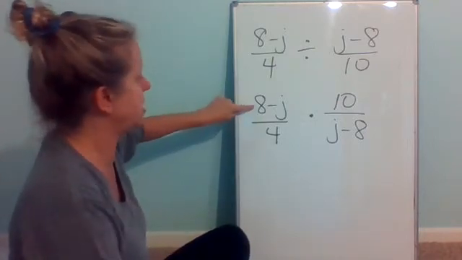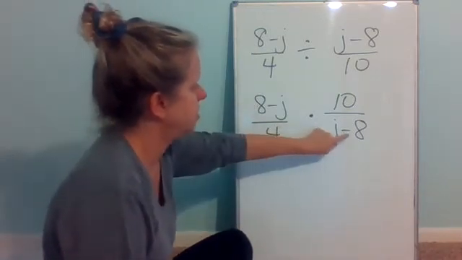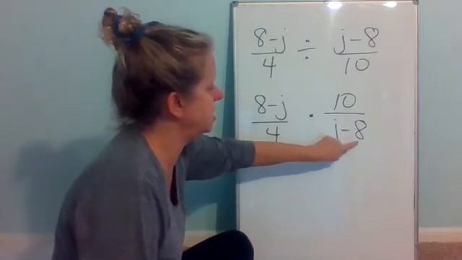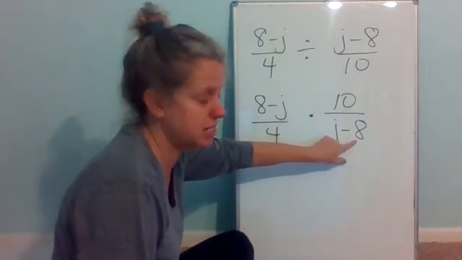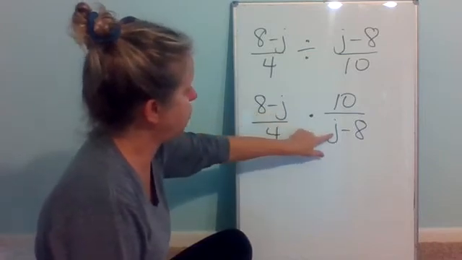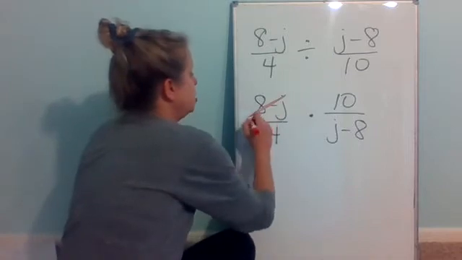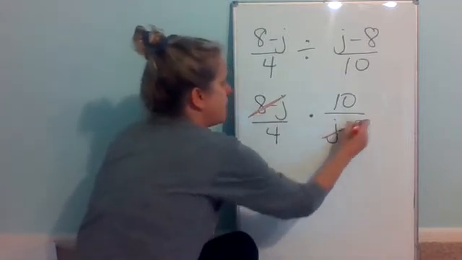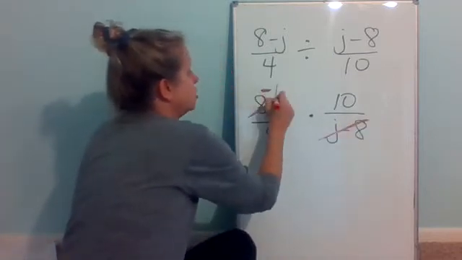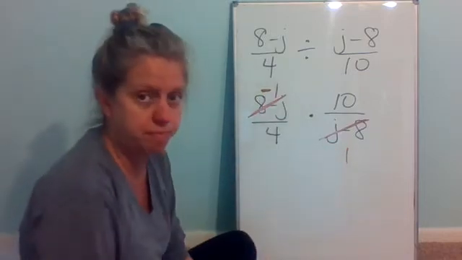What is the 8 in the top? It's positive. The 8 in the bottom is negative. So they're opposite. What about the j? Negative over positive. So they are opposite. So this 8 minus j over j minus 8 cancels and makes a -1 over 1.